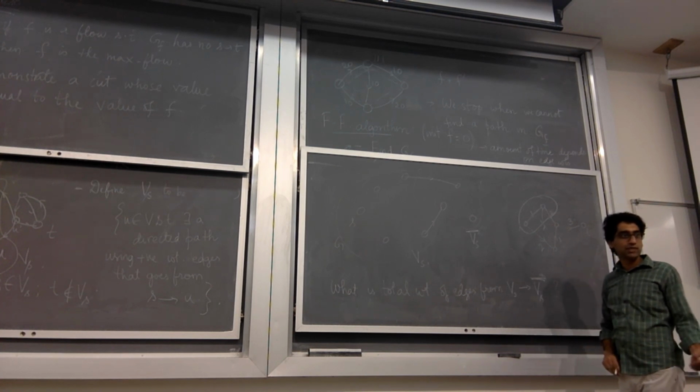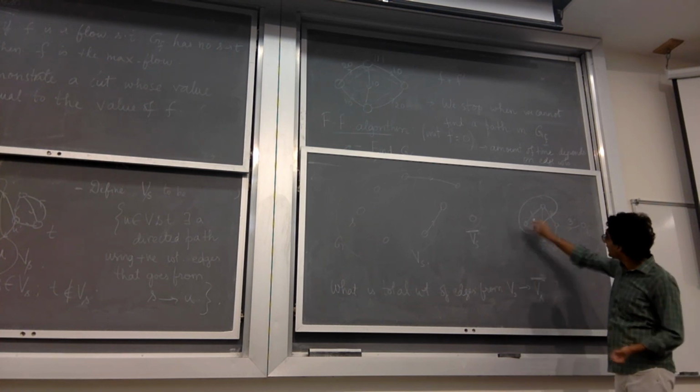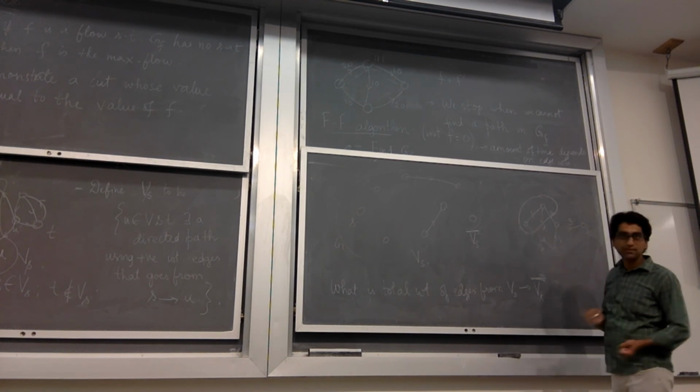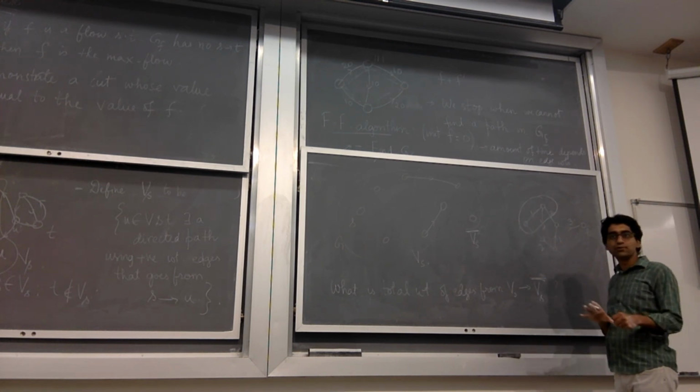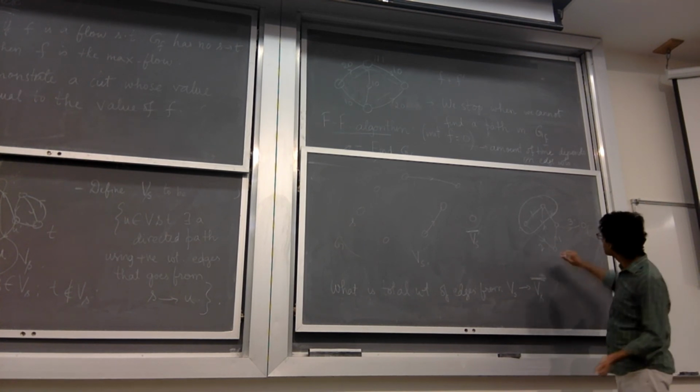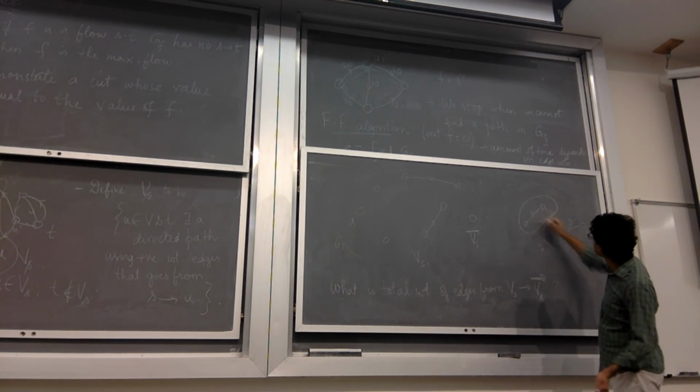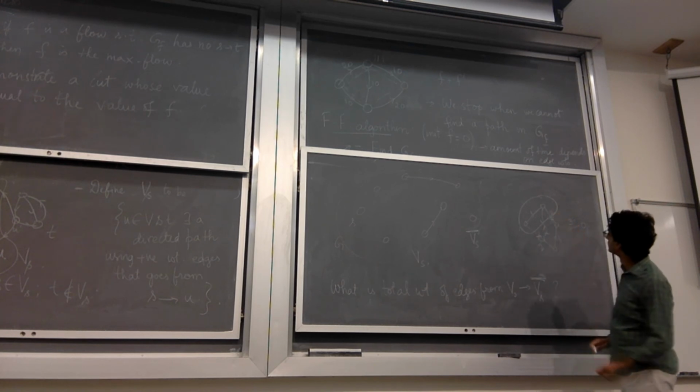I want to claim that if I take any set that contains S and look at the net outward flow from that set, it's going to give me the value of the flow going from S to T. In this case, what are all the edges that go out from that set? I have this edge, or this edge.